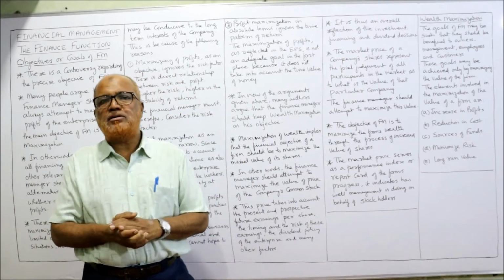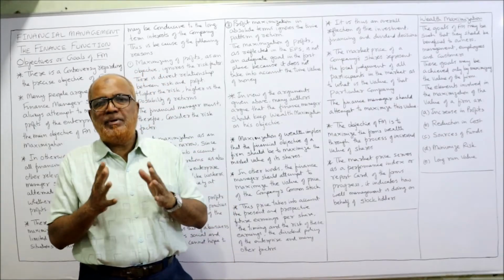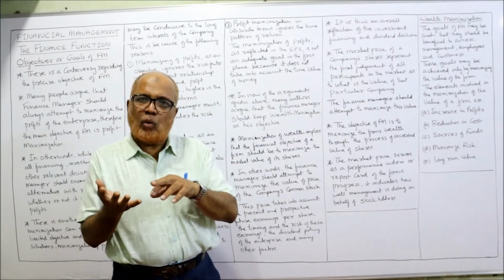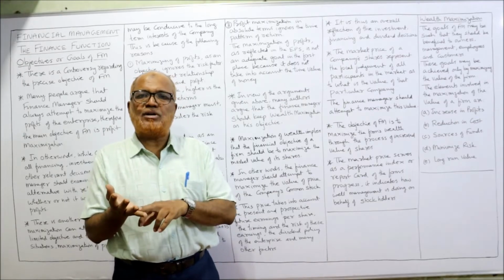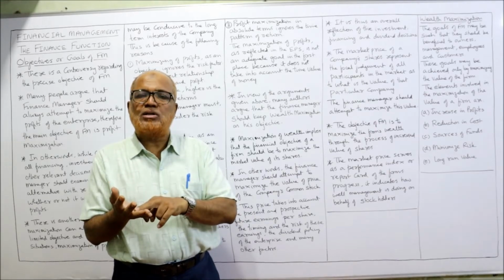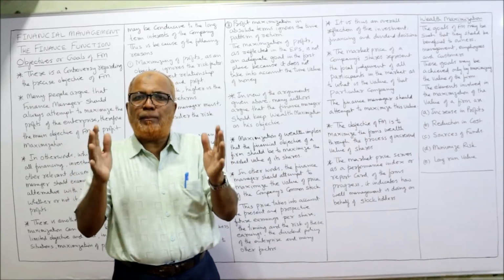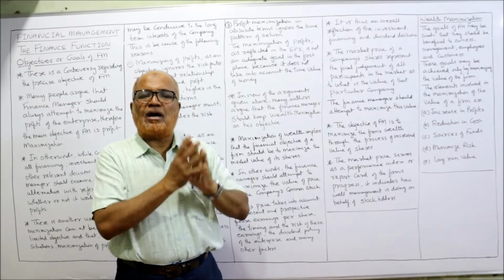Who are the participants? A business will have so many stakeholders. In a business, we have owners, employees, customers, suppliers, bankers, government, public. All these are the participants in the market. How are the participants viewing the company?